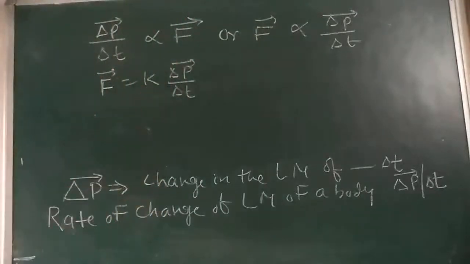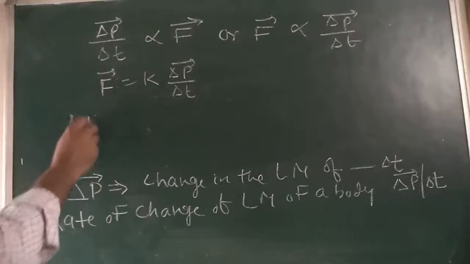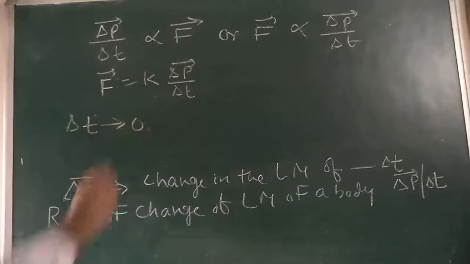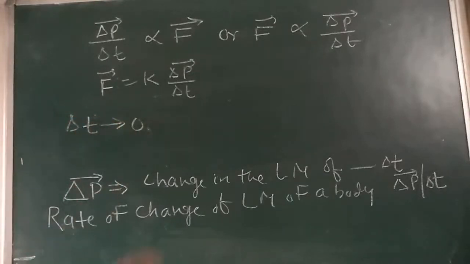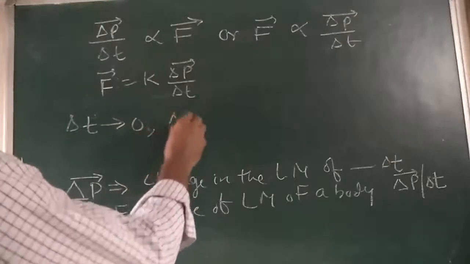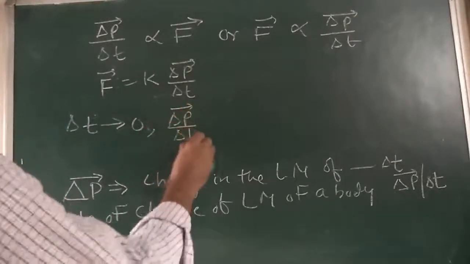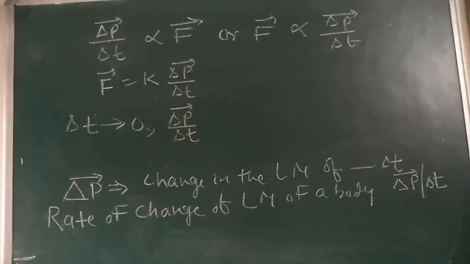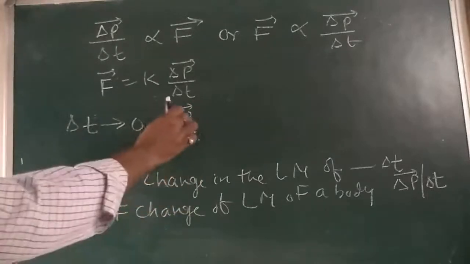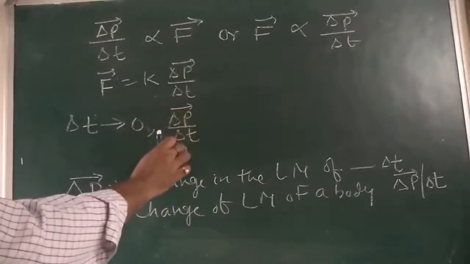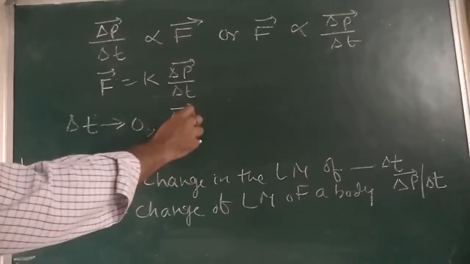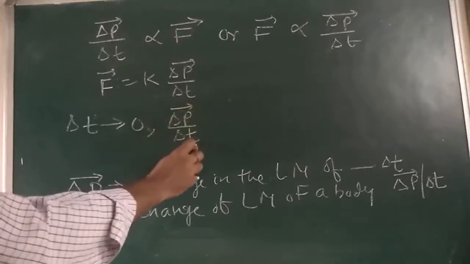This we can write. Taking a limit, say delta t is tending to 0, the term delta p by delta t becomes the derivative or differential coefficient of p with respect to time.